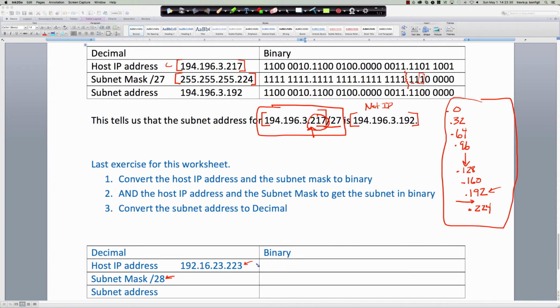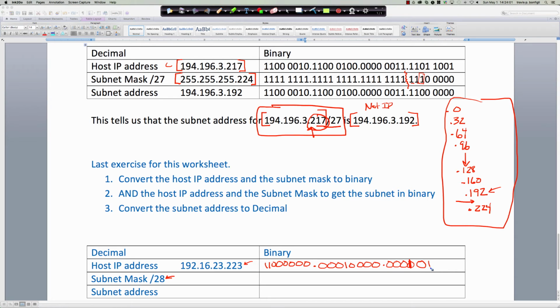So if I were to say 192 in binary, it's going to be 1 1 and then 6 zeros, right? 1, 2, 3, 4, 5, 6. And then 16 is going to be 0 0 0 1 0 0 0 0, and 23 is going to be 0 0 0 1 0 1 1 1.